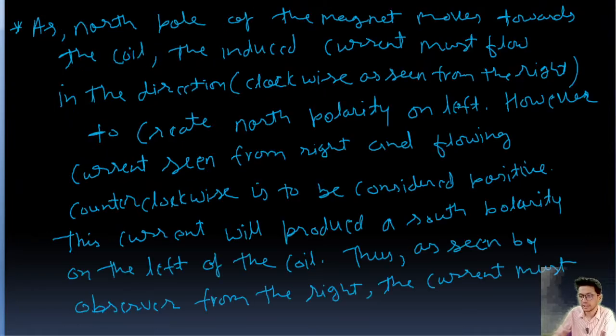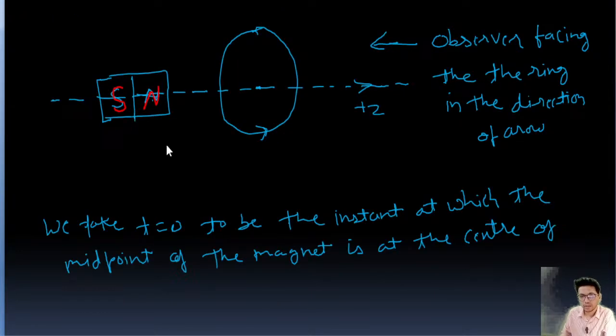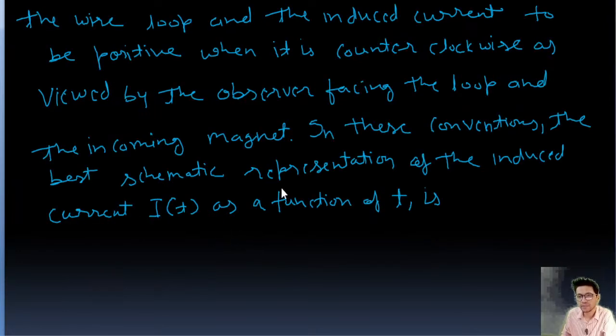So what it is saying is, the induced current direction is clockwise, and the induced current will be negative as it approaches this loop. But when this magnet is about to cross the loop, in that case, this one.